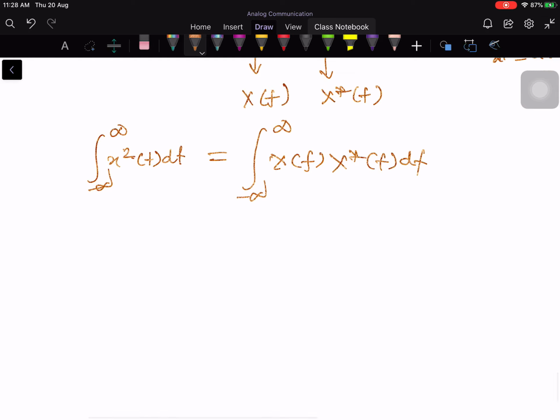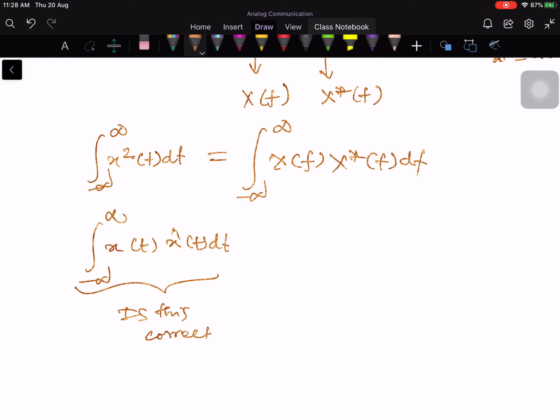Now what you do, in the time domain, x square of t is equal to, let me write, x of t times x hat of t dt, and is this correct? From this to here it is correct because the energy doesn't change if you multiply x of t with x hat of t. So the corresponding thing in the frequency domain is going to be x of f times x hat conjugate of f into df.